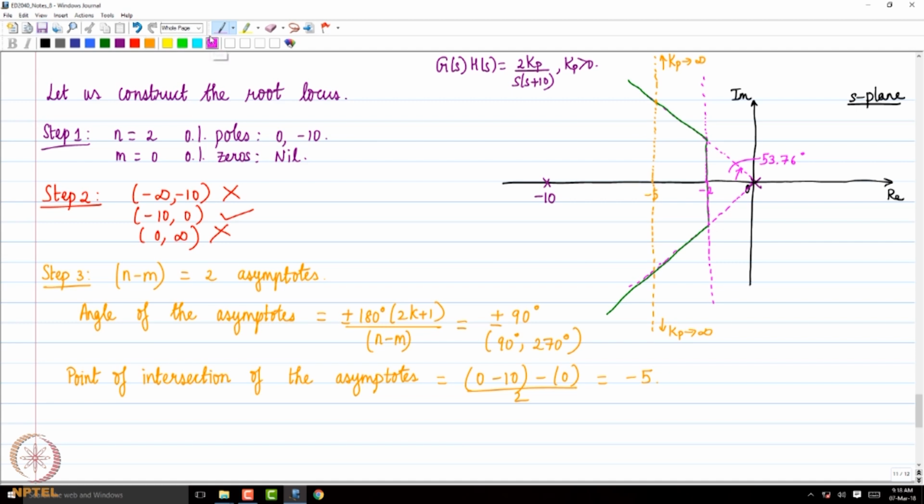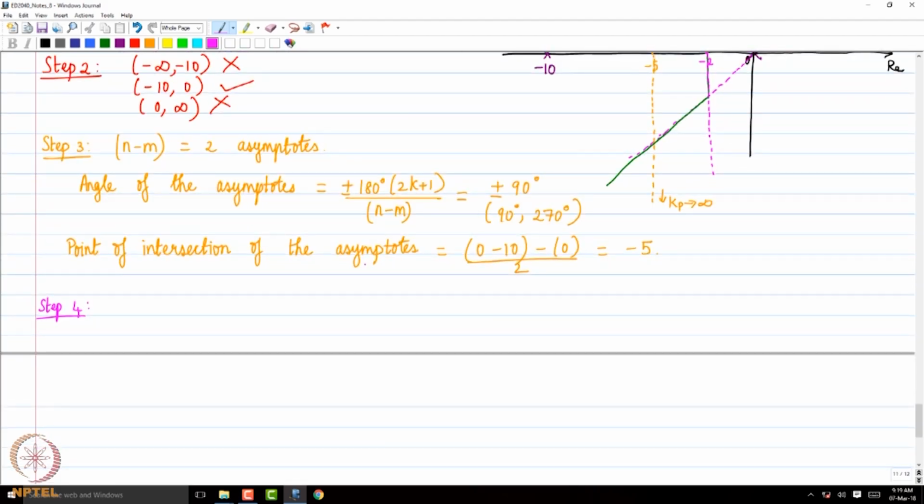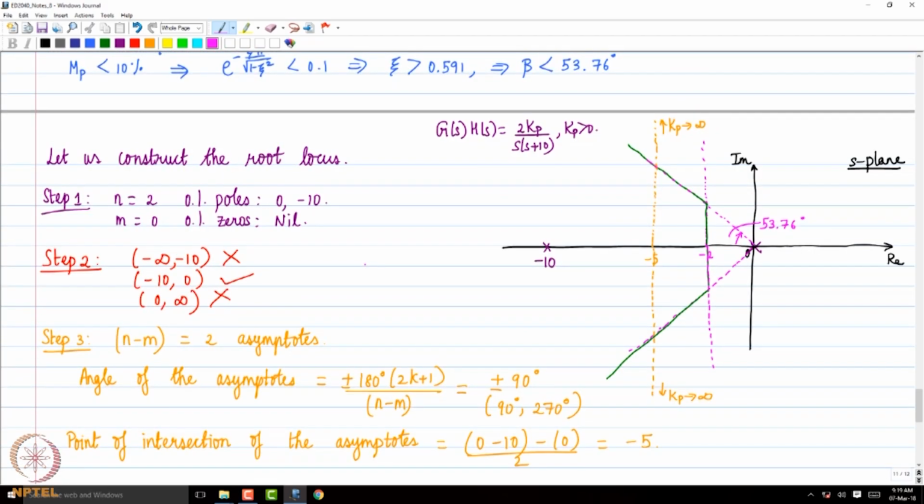So, then let us go to step 4. What is step 4? We have to figure out whether there are any breakaway or break-in points. How do we figure that out? We look at the open loop transfer function.